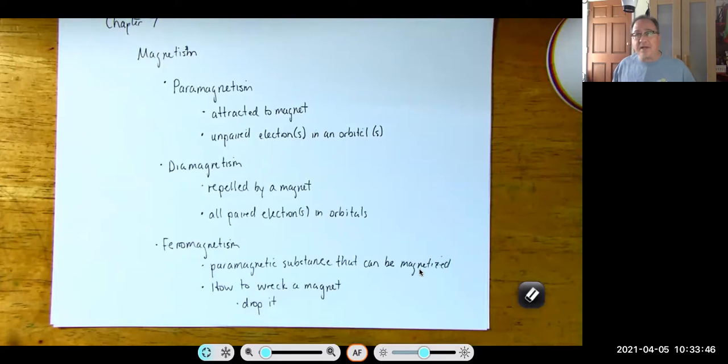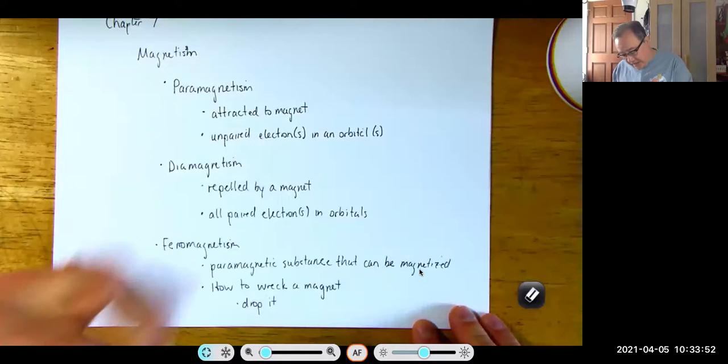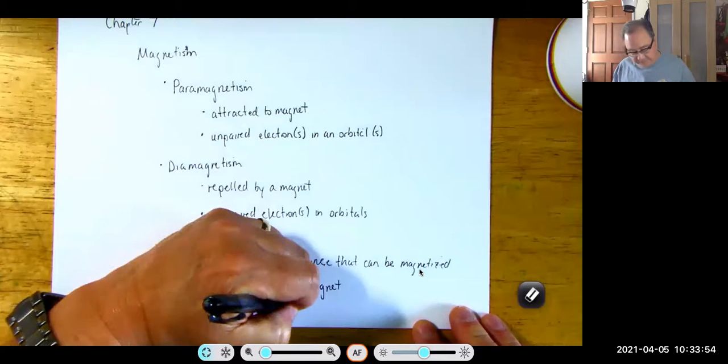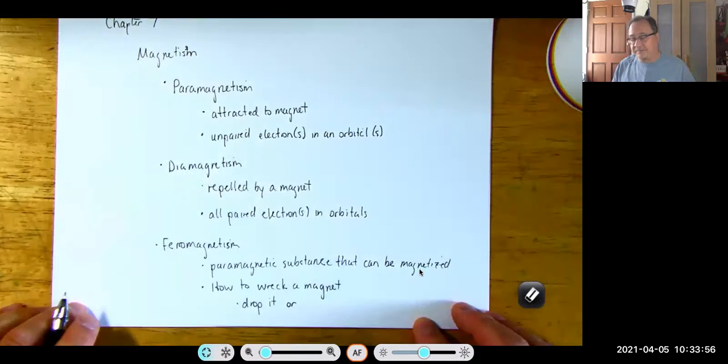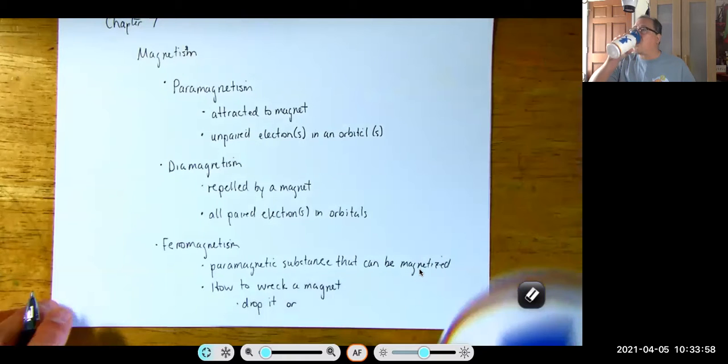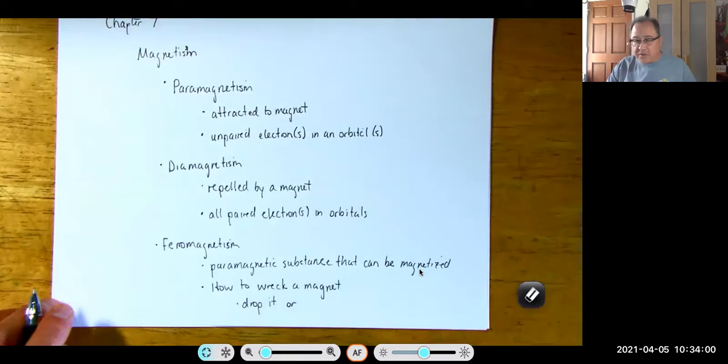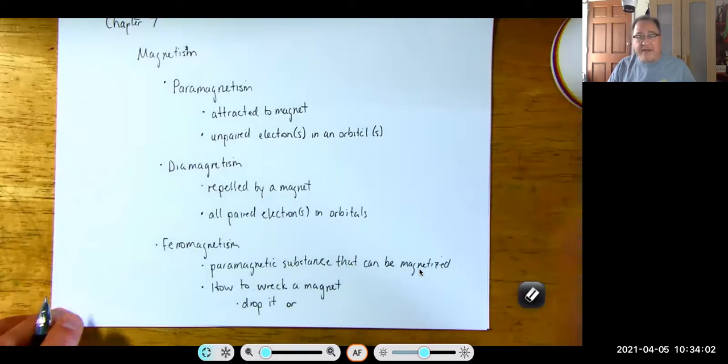What else would be a way to change the orientation of the electrons that are aligned? So think about this. When we drop it, are we adding energy to the system? Yeah. So when the magnet hits the ground, is energy added to the magnet?